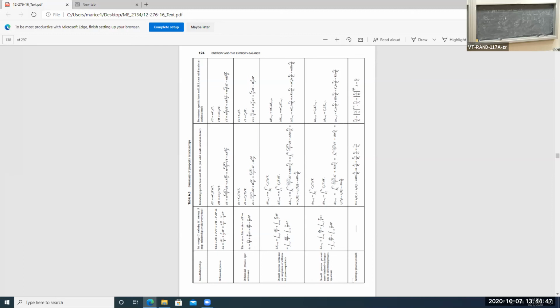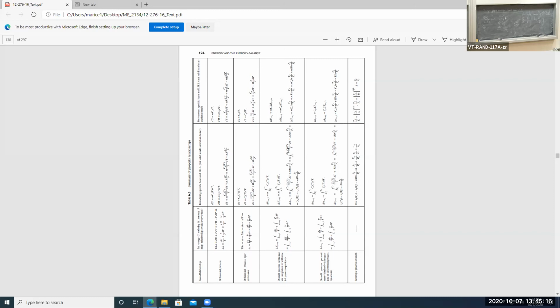I have isentropic processes overall. So here we have equations for variable specific heat, constant specific heat property relationships. And so here are the PR and VR equations, okay? It just reminds you, condensing what we've done today.